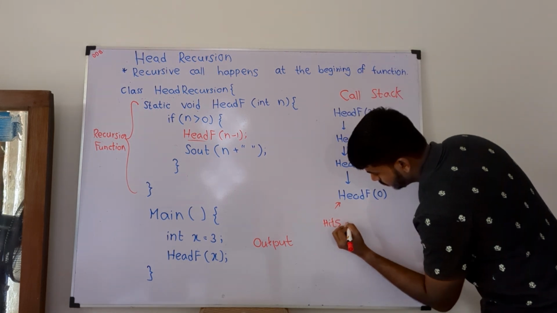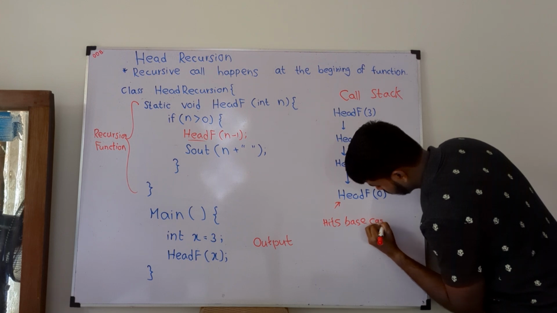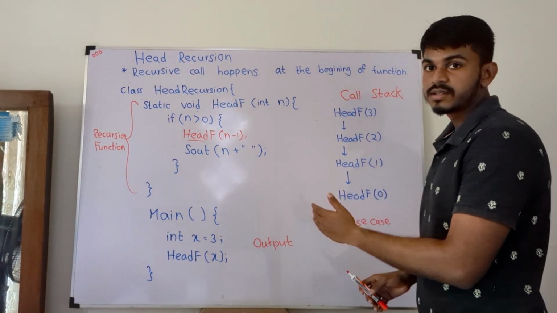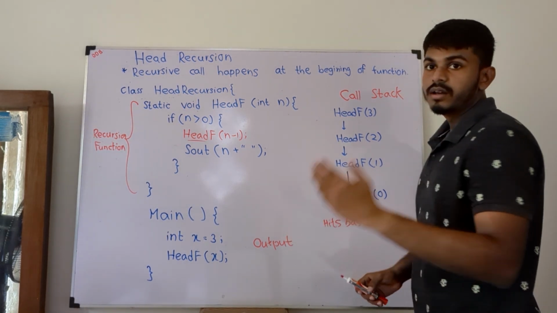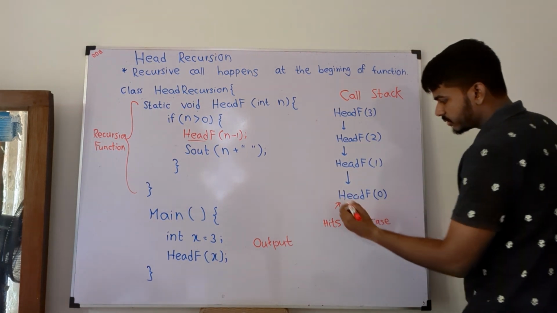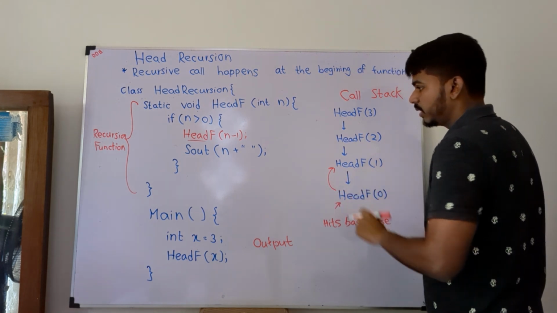So first it's base case, then what this does is it's going to go up the stack, performing the operations of the previous call. So this is going to go up the stack, performs the operation of this call.